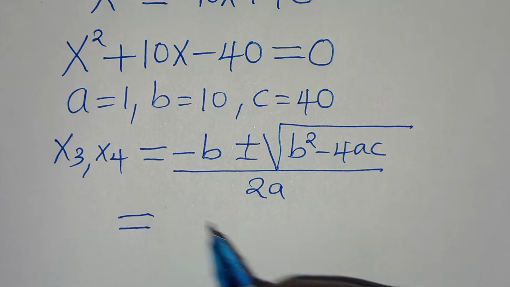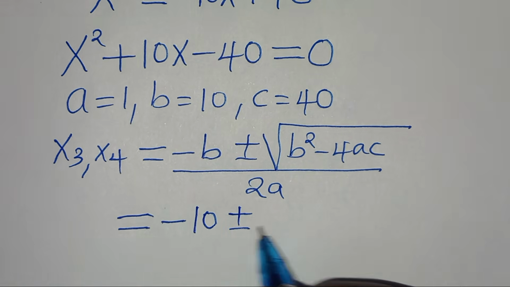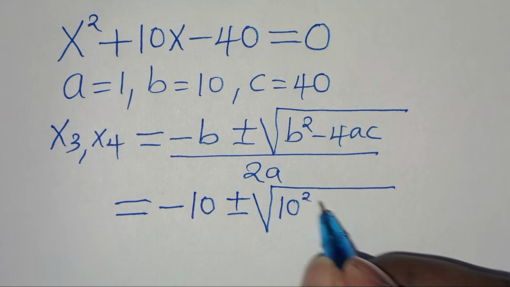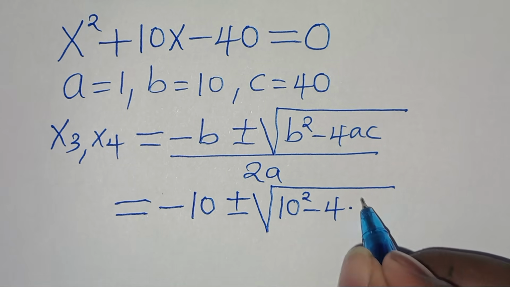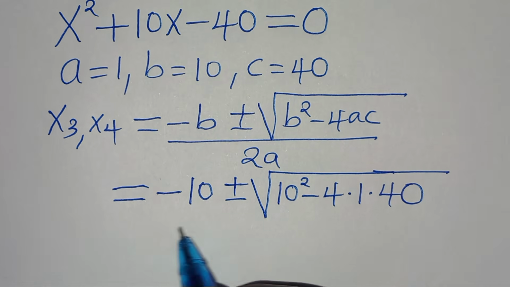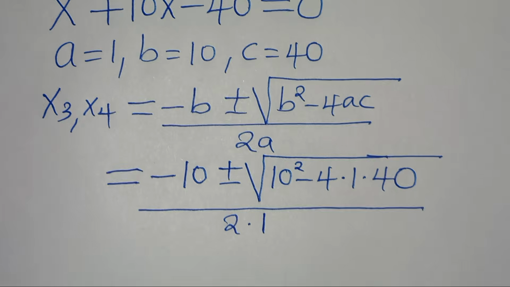And this implies that we have minus 10 plus or minus the square root of 10 squared, subtract 4 times a, which is 1, then times c, which is minus 40, everything here divided by 2 multiplied by 1.